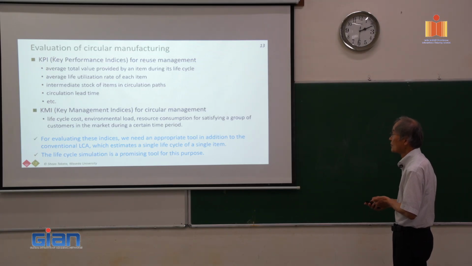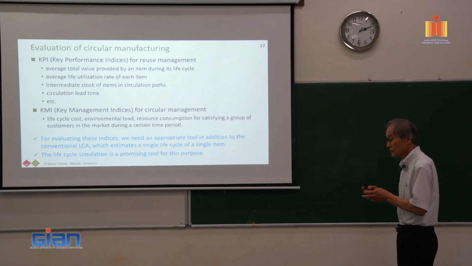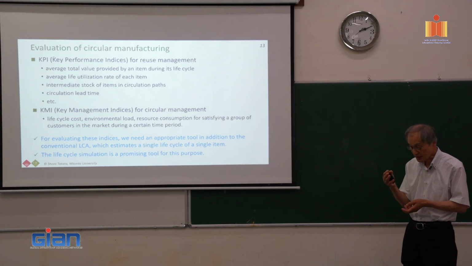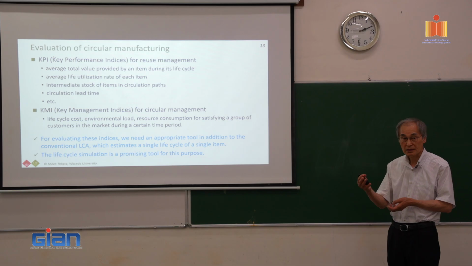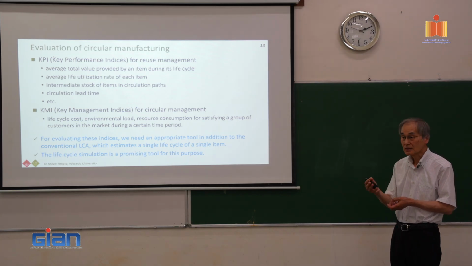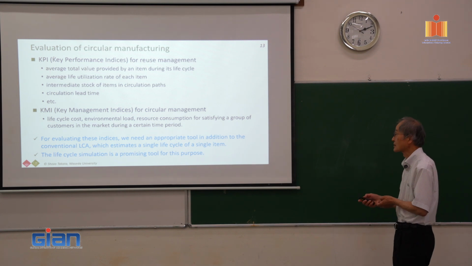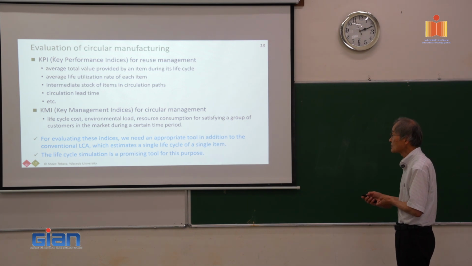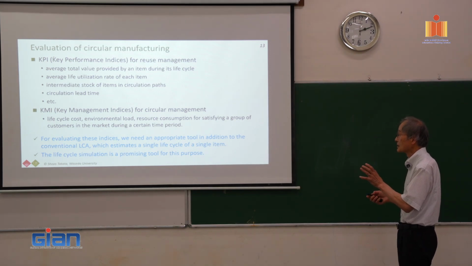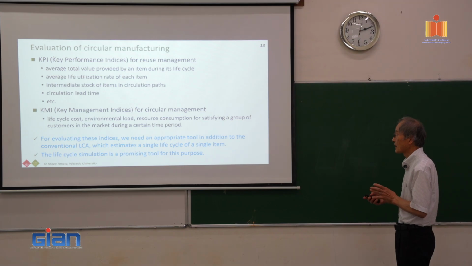Therefore, we need to select life cycle options, and also we need to set certain kinds of parameters to control the flow of materials, parts and products. And we should look at certain kinds of KPI and KMI.